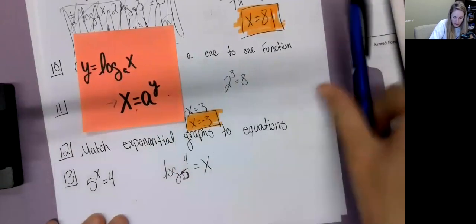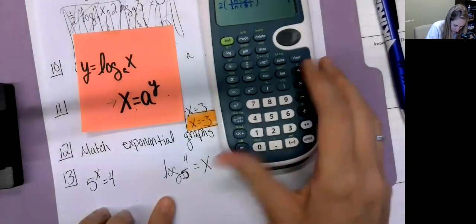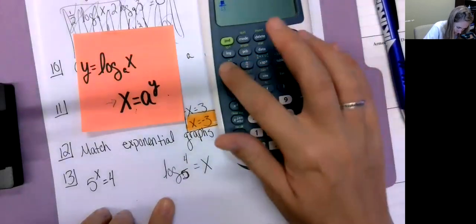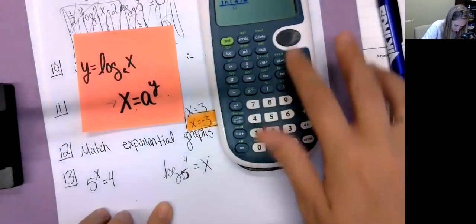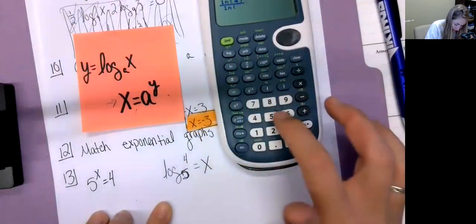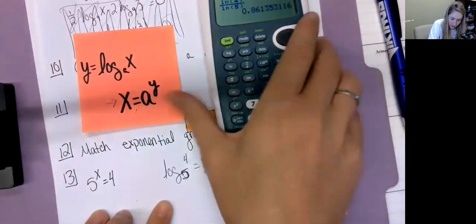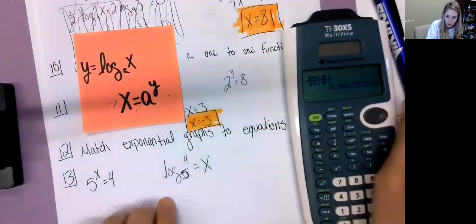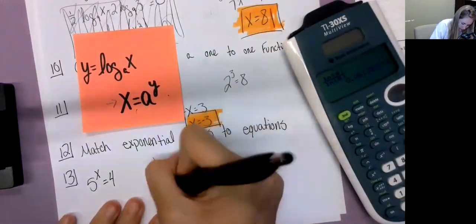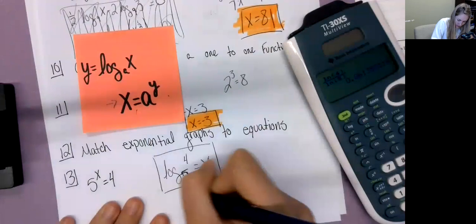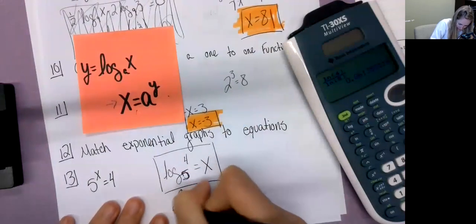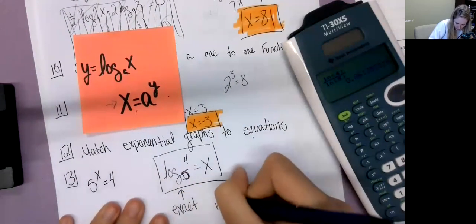If it doesn't, that's the answer, and I'm pretty sure this is the answer now that I've said that. Natural log of 4 over natural log of 5, because if they say exact answer, they don't want this decimal stuff. So if they say exact, leave it like this. And I'll write that exact. No decimal.